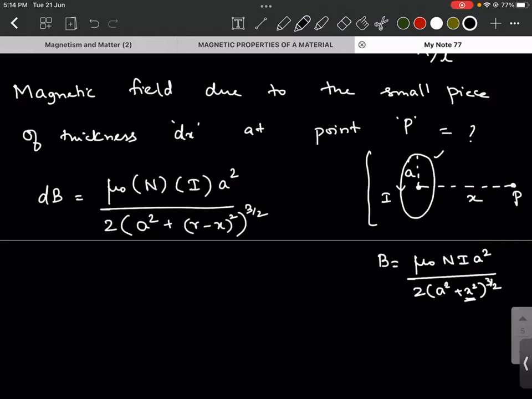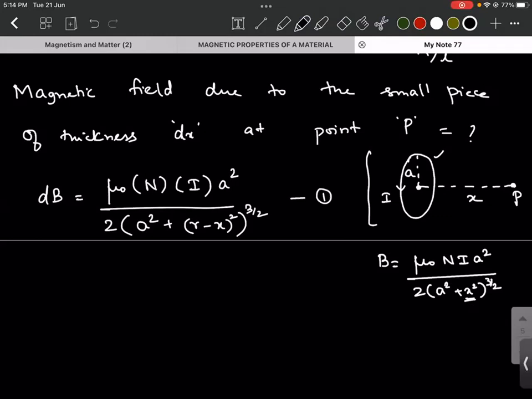Now I'll calculate the value of B itself. For that, I need to check that every value on the right hand side is in terms of one variable. First, let me call this equation number 1.